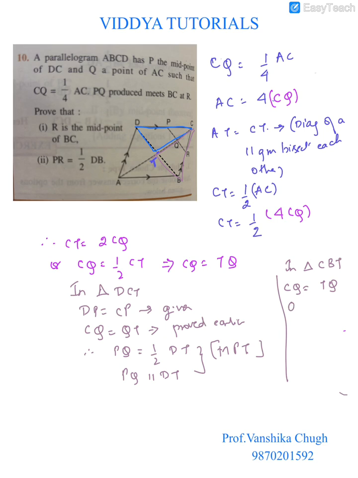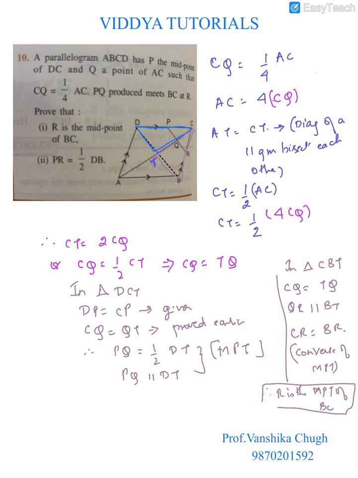And I just proved that QR is parallel to BT, because if PQ is parallel to TD, QR is an extension, so QR also becomes parallel to BT. And therefore by converse, we get R as the midpoint. CR is equal to BR by converse of midpoint theorem. So I have proved that R is the midpoint of BC.